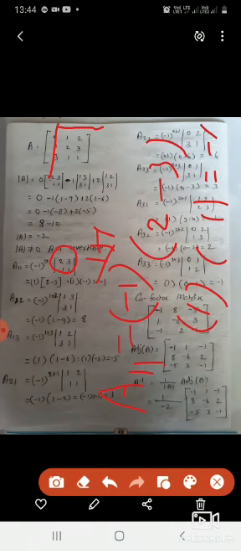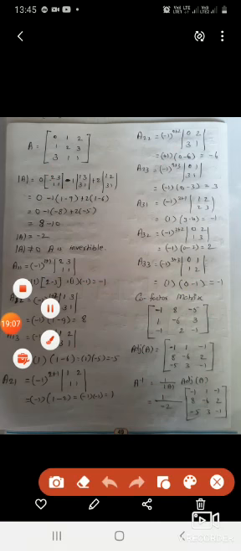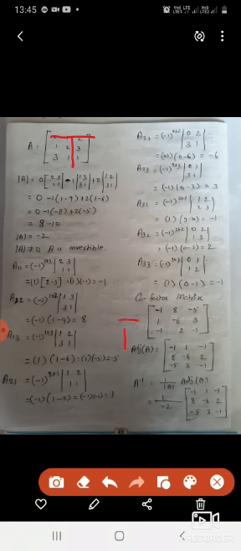Then A22. For A22, second row and second column you have to leave. You are getting minus 1 the whole power, 1 plus 2.